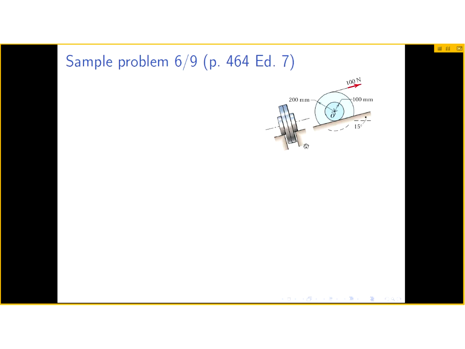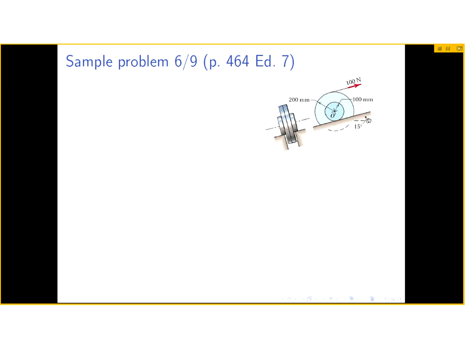Okay, now let's go back to the text in the handbook. They say there's a cord wrapped around the outer rim, so you can think of this line here as the cord, but you can think of it like this, as I'm indicating with the hand. The cord is fixed to the outer rim and wrapped around it, and then at the top here it comes off, and there's a force of 100 Newton applied to this cord in a direction parallel to the road.